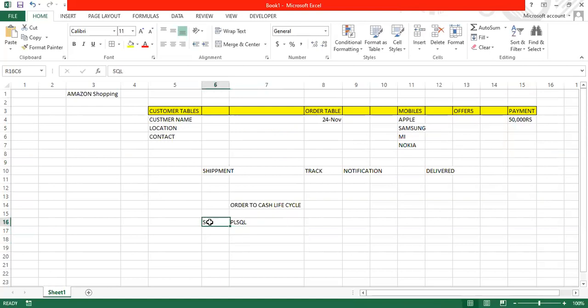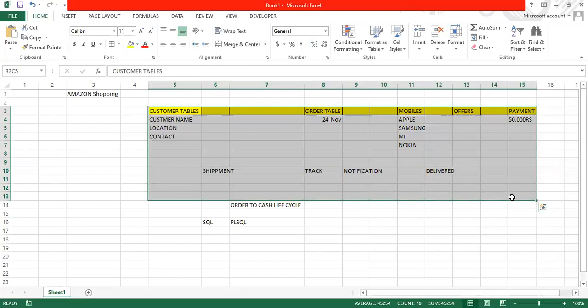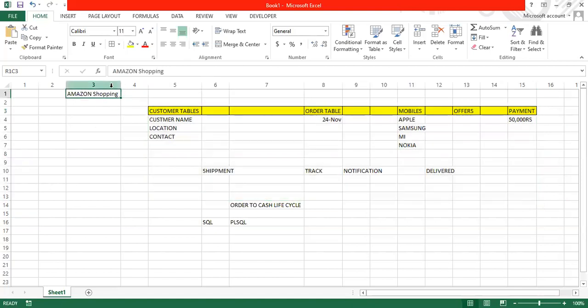With the help of SQL, I can write something, but if you have to write complex logic, such as in this order to cash life cycle, this entire life cycle needs logic where we will be writing complex logic as per our business requirement. So for Amazon shopping, for this particular business requirement, I need to write a logic.